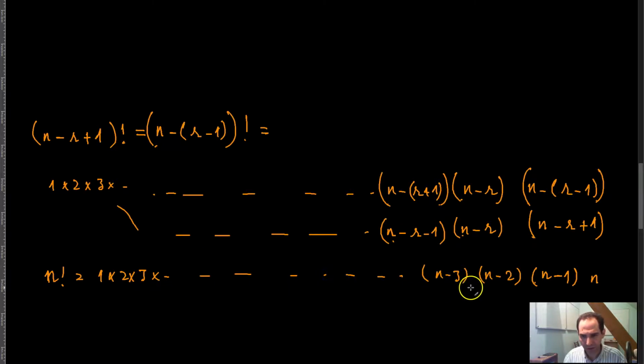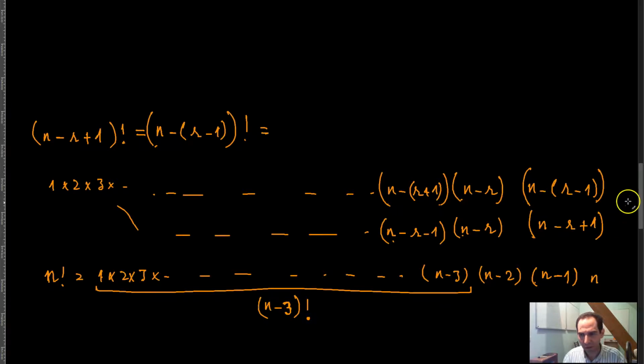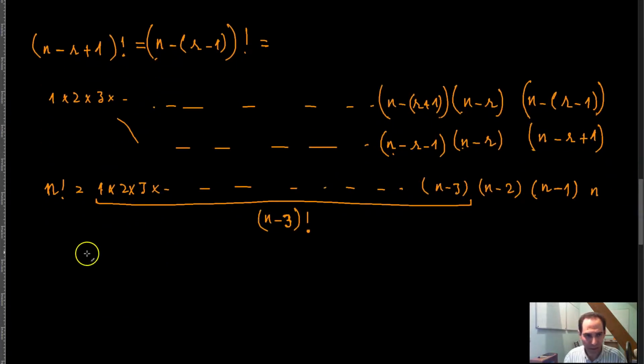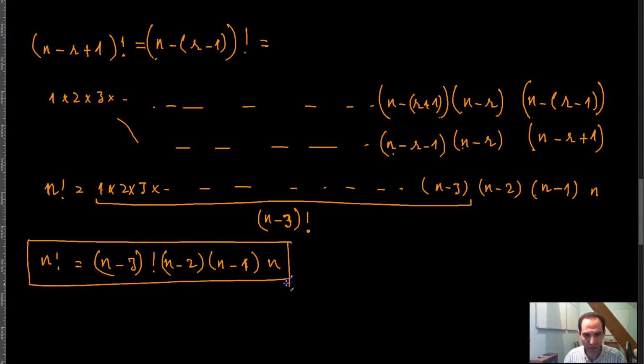Now, as you can see, this part from 1 all the way up to n minus 3, I can write as n minus 3 factorial. And then, based on that, n factorial is the same thing as n minus 3 factorial times these three things, n minus 2 times n minus 1 times n, right? That I can write based on what I did here.